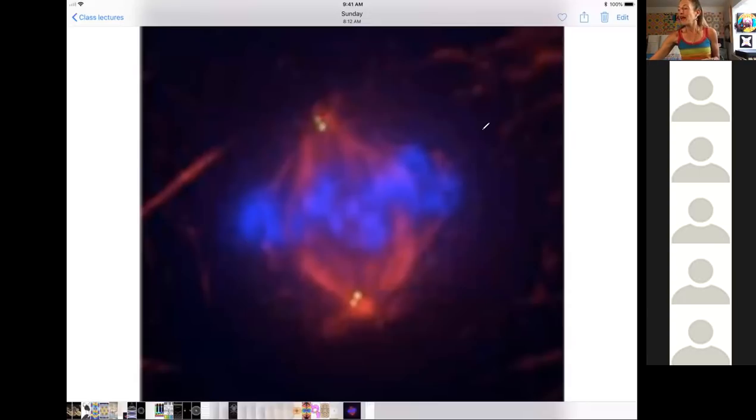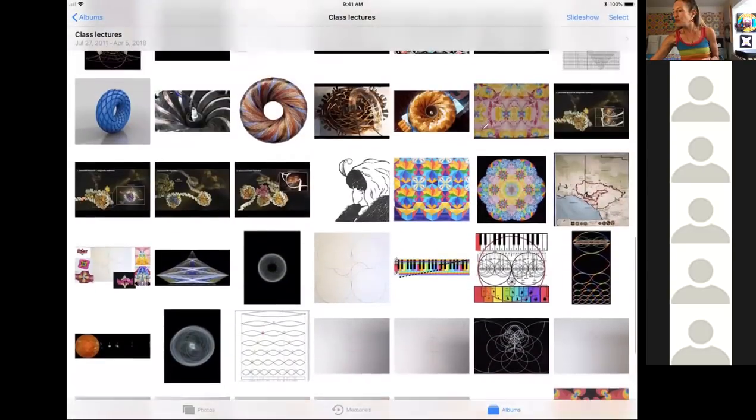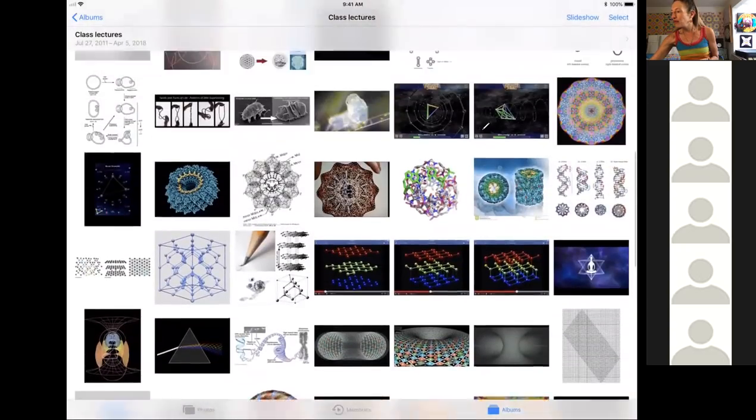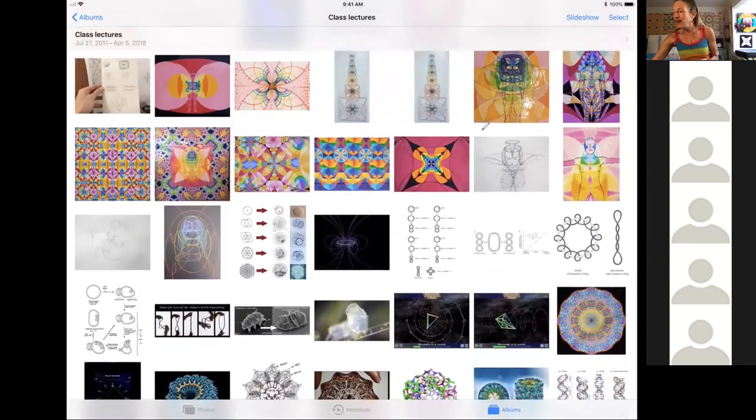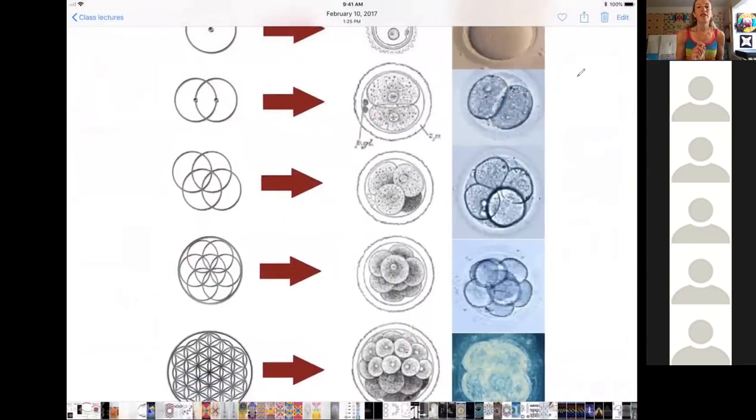So now let me go back to, oh, this is so cool that you guys can see my screen. Let me go back to that other picture. All right, cool. So this is different than mitosis, mother and daughter cells splitting apart. This is conception: you start over here with one cell, and then it gets fertilized and it splits into 2 cells, and then into 4 cells, and then into more and more.